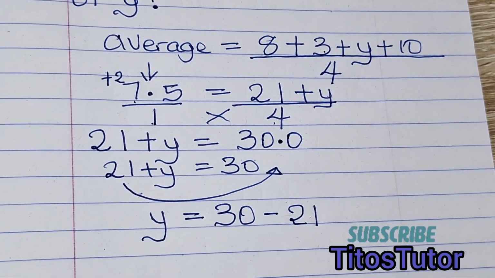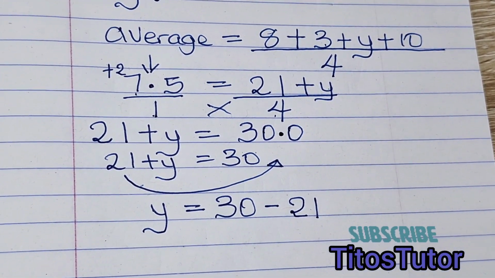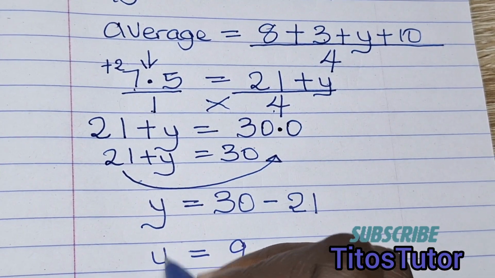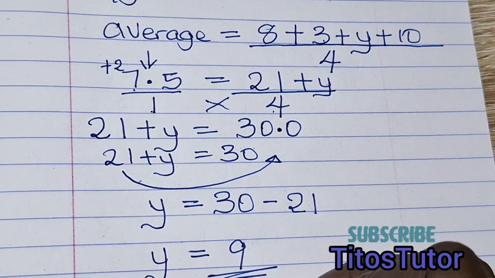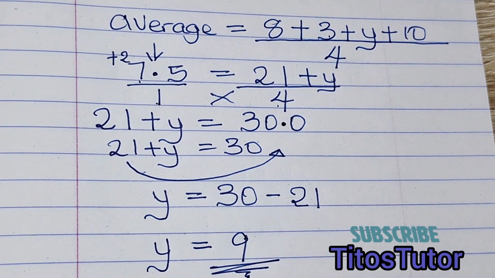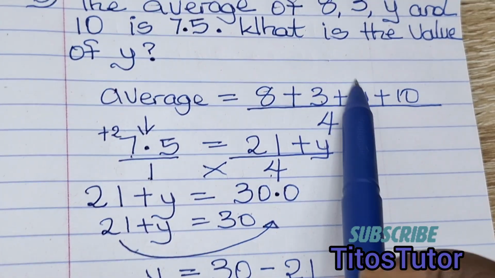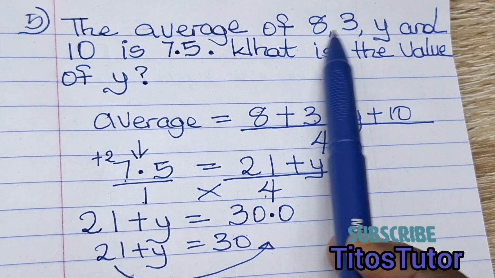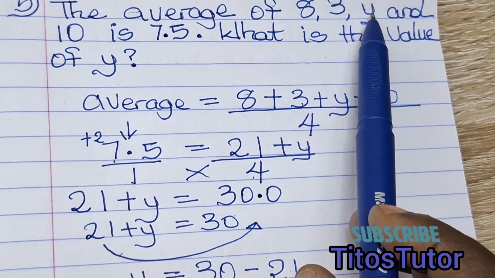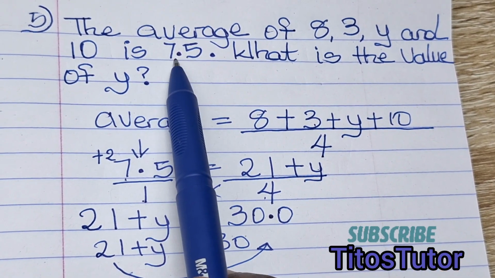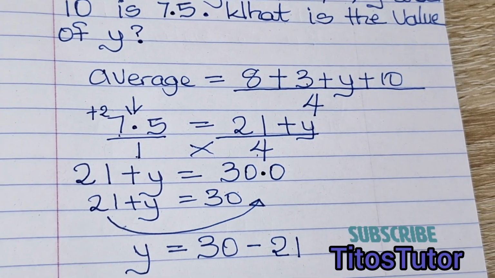Okay, 30 minus 21 is 9. So my y is equal to 9, and I am done. So the average of 8, 3, 9, and 10 is 7.5.